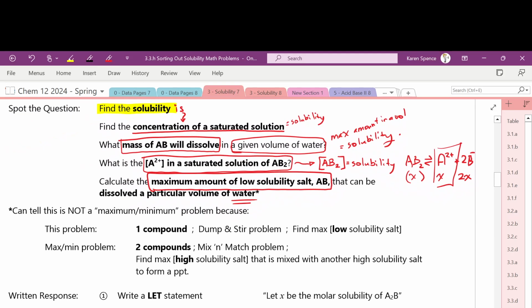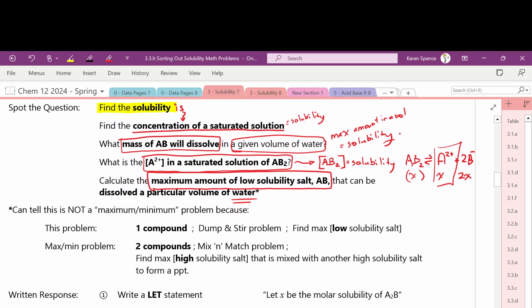This is not a maximum minimum problem because we only have one compound here, AB. When we're actually doing maximum minimum problems, we're like, what's the maximum amount of AB that can be dissolved in a 0.1 molar solution of CD? This one is only in water.